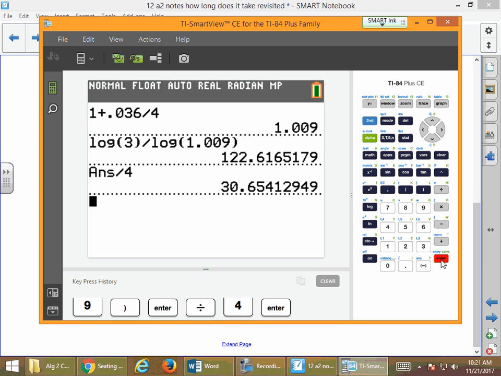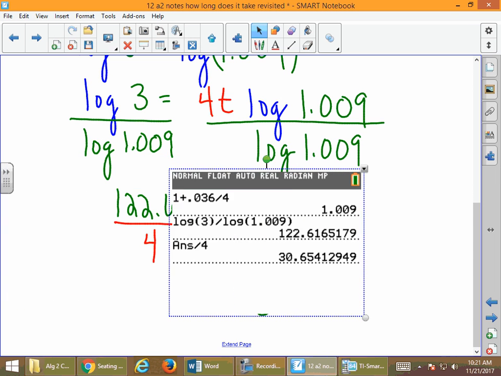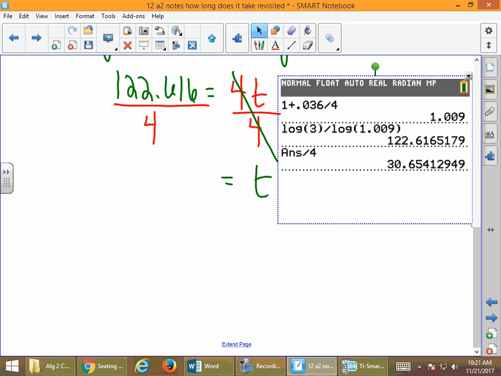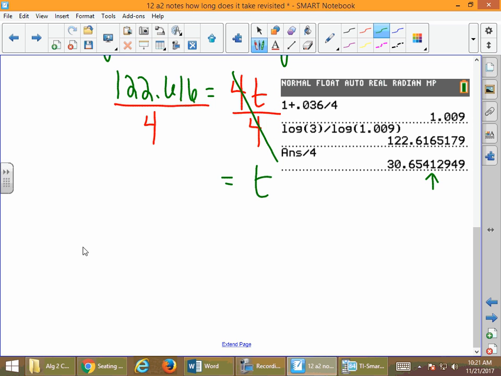That's going to give us our big long decimal, which we're going to round to the nearest thousandth. And we're going to have to look at the 1 to determine whether we round or not. 1 is 4 or less, so it's going to be 30.654 years. It's going to take a long time for us to triple our money.